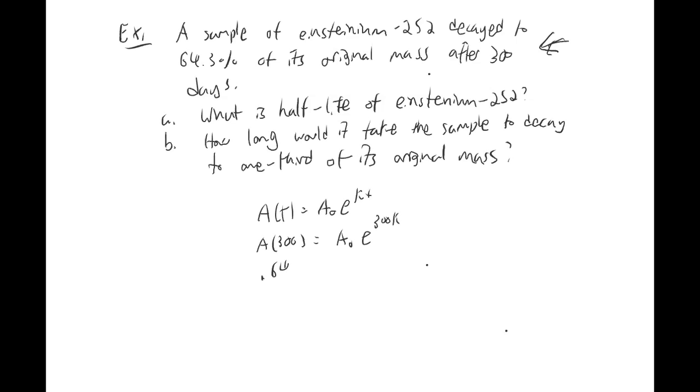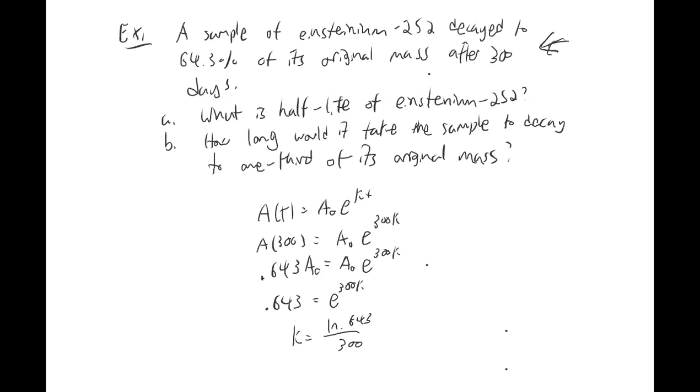So it's 0.643 times A naught, right? And with this, you can solve for k. The word problem is worded differently, but really it's the same exact process. So you have 0.643 equals e to the 300k. So k is ln of 0.643 over 300.